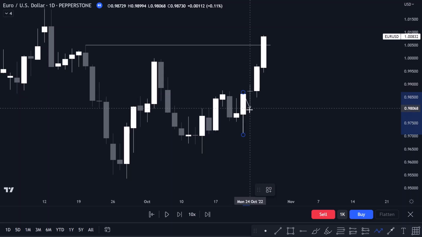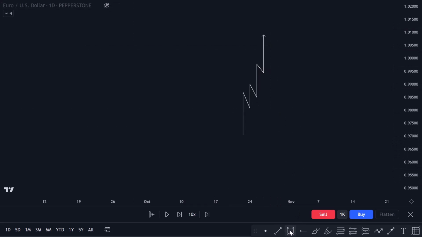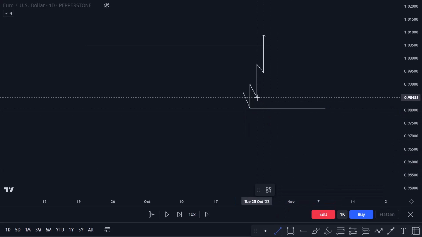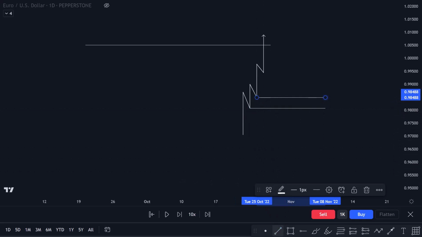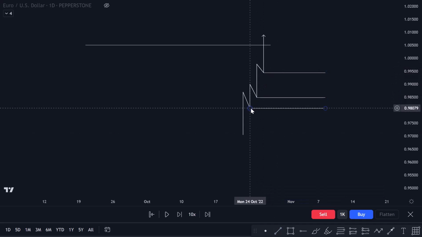Then the low of this candle, high of the candle, low, high, low, then high to where we are now. Now, if I hide the pair, we do have this level, this swing low, and another one here, and the last one is here. Those are previous day's lows.